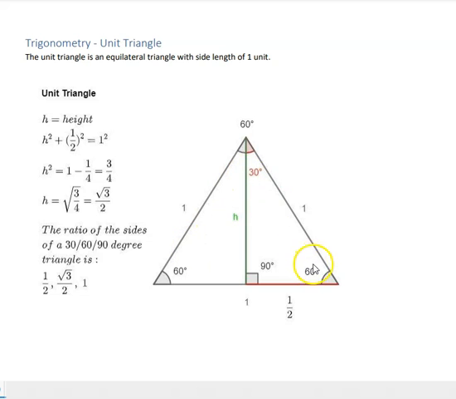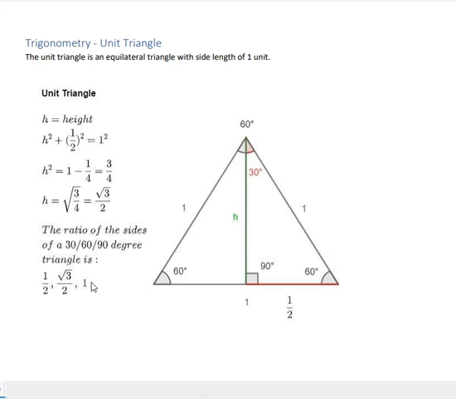These are very common angles, 30 degrees and 60 degrees. In terms of radians, we know 90 is pi over 2, and 60 is pi over 3, and 30 is pi over 6. They're very common, and it's good to know these ratios.